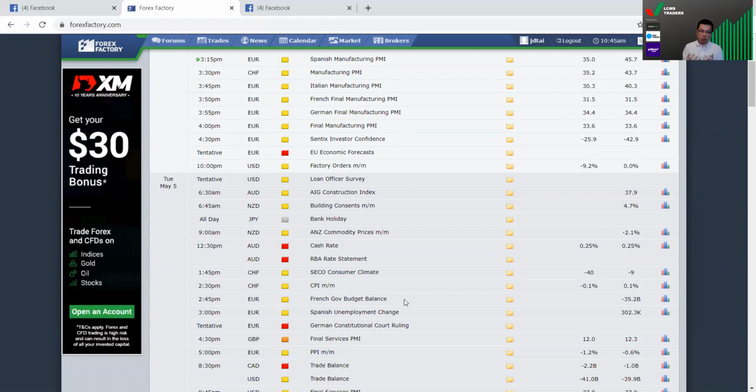All right. What we're looking out for in the Reserve Bank of Australia's rate statement is any talk about probably implementing a QE. QE is quantitative easing, where they print more money or pump more money into the market, into the economy. How do they do that? They do asset purchases. So the government might be buying back bonds, might be buying back corporate bonds, might be buying assets from the market. As they buy assets, they push money into the market.